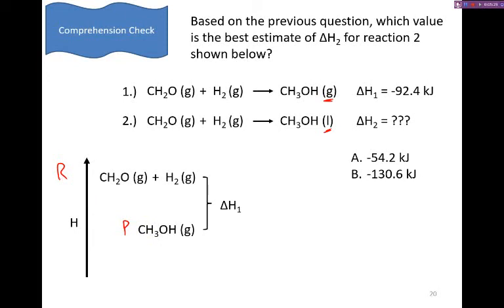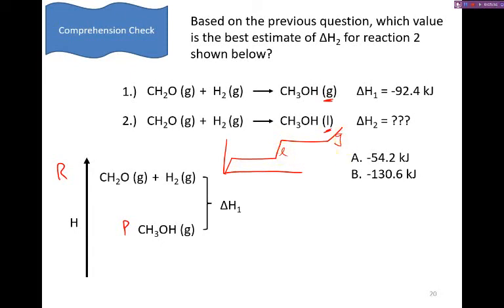What's the relationship in energy between the gas and the liquid? Well, gases are at a higher energy than liquids are. Remember, when we've talked about our energy, our heat curves, it takes energy to go from the liquid to the gas phase.